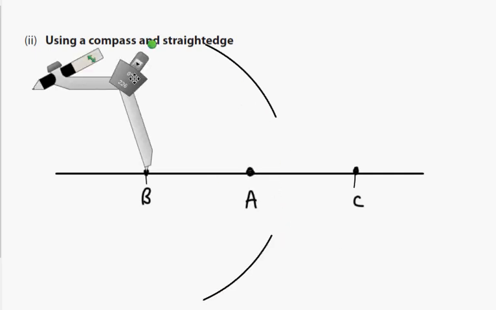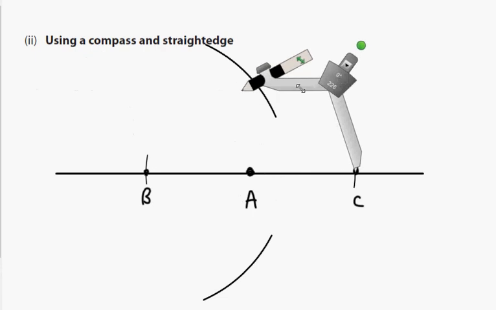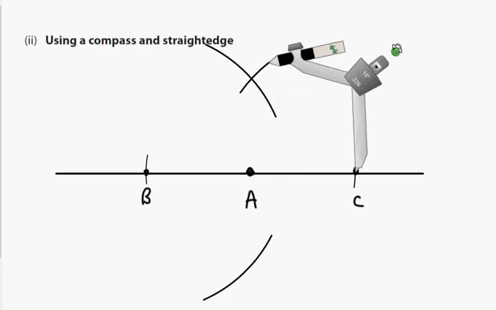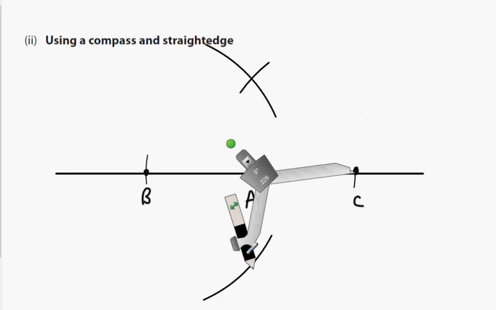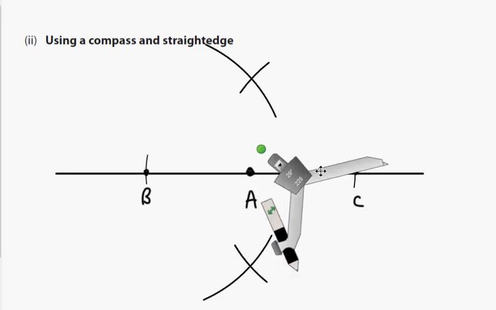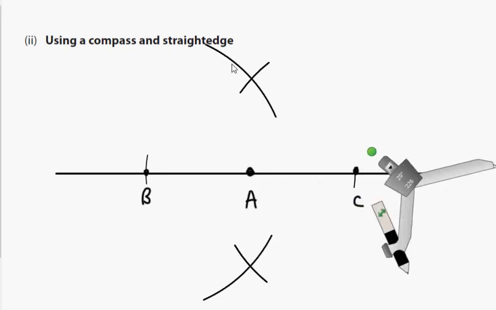Change sides, go over here, one on the top, one on the bottom, and then all of a sudden, if I've done this correctly, you should go through A. Now, I'm slightly off there, am I? Ever so slightly off. You should have to go through both X's. There you go. And that's the perpendicular bisector done there. Everybody happy with that? Okay.